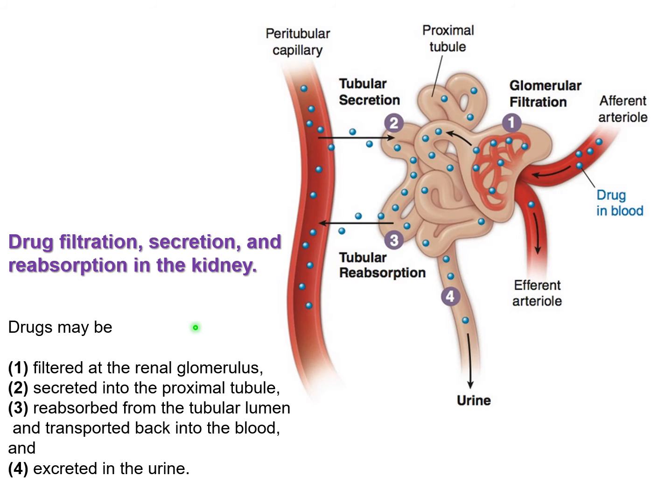So when drug comes into kidney, it is filtered at renal glomerulus, secreted into proximal tubule, right here, can be reabsorbed from tubule and transported back to blood.